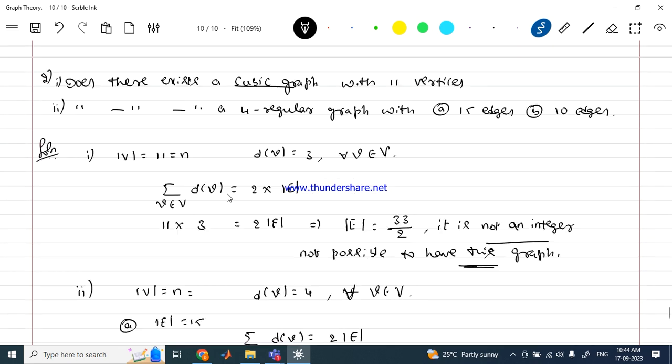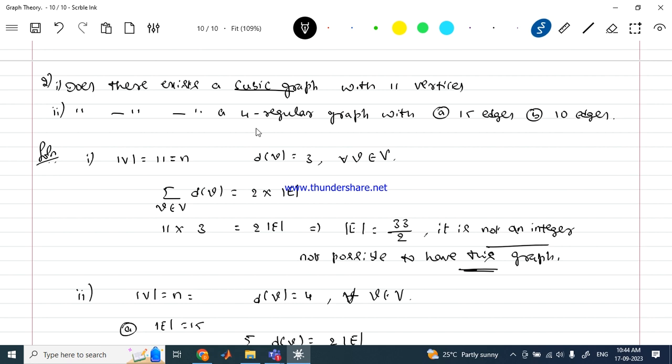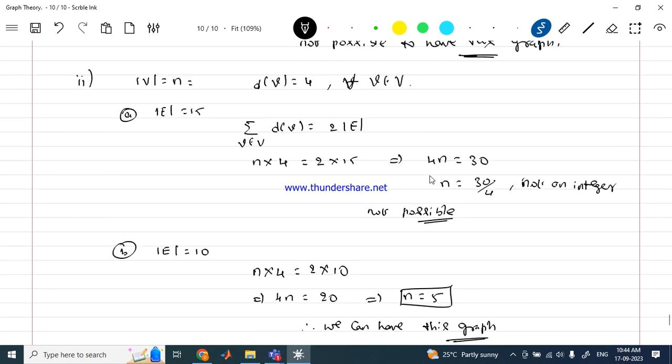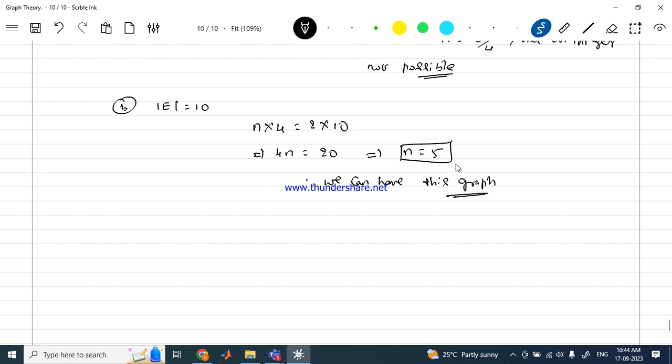Here, with the degree of each vertex being 4, we can draw this graph, and actually we already constructed it. n is equal to 5 and the degree of each vertex is 4.